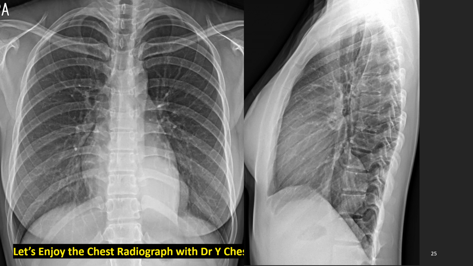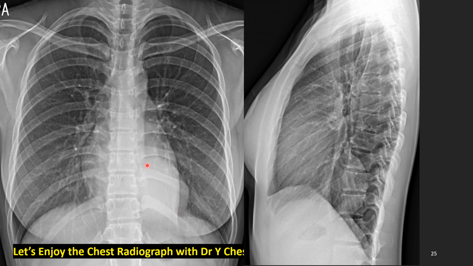What do we see with this frontal film? Large, dense mass, well-defined margin, broad-based, homogeneous density, clear left ventricular heart margin. That means this is in posterior location.